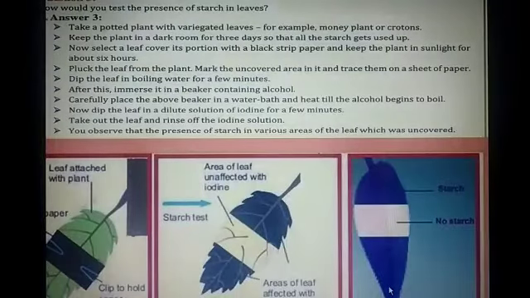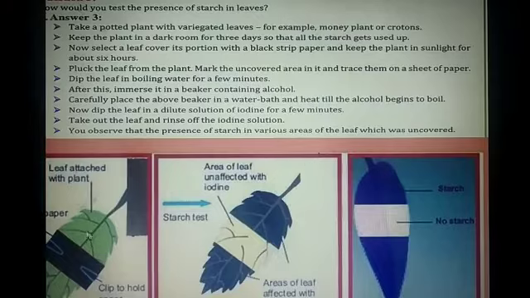The next question is, how would you test the presence of starch in a leaf? I taught you by this activity, when I taught the chapter, that the presence of starch is found in a leaf. Okay, so what is this activity? I explained by these pictures.